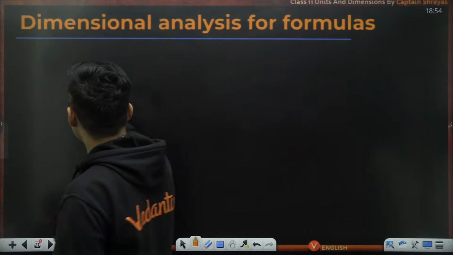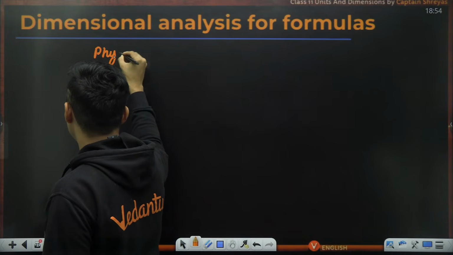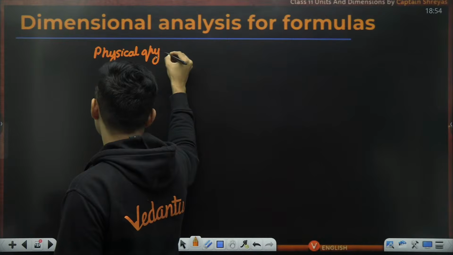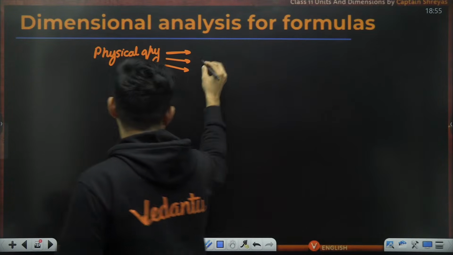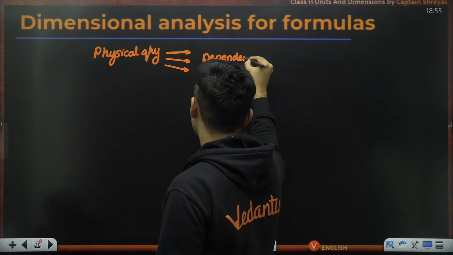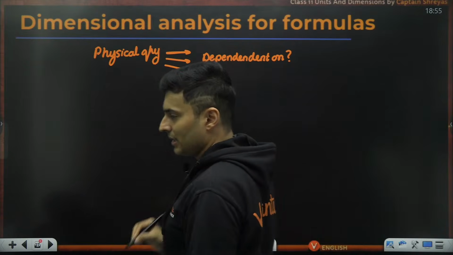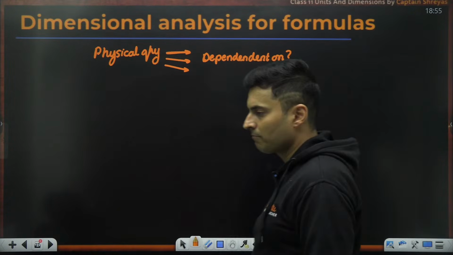So you should know what our physical quantity is, what it is basically dependent on. You should know that. If you do not know it, then you cannot use this method.